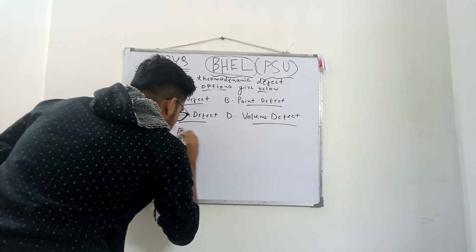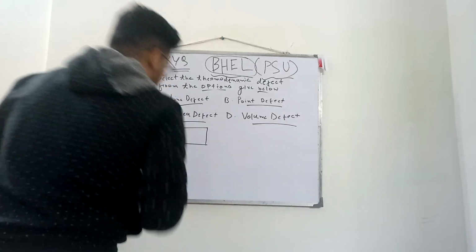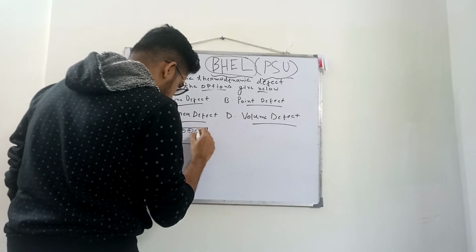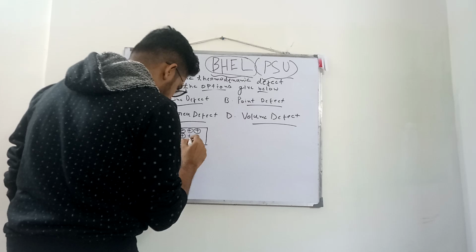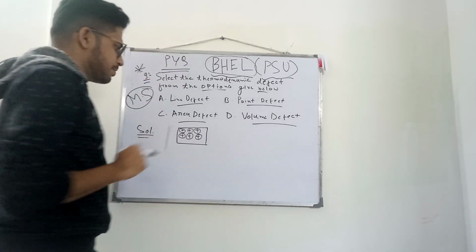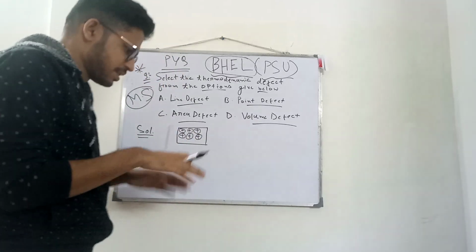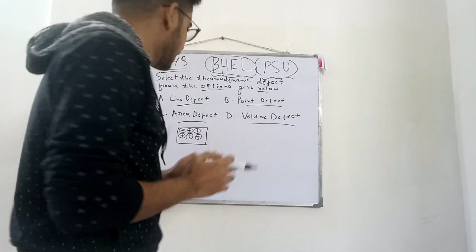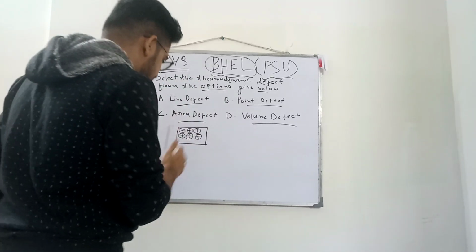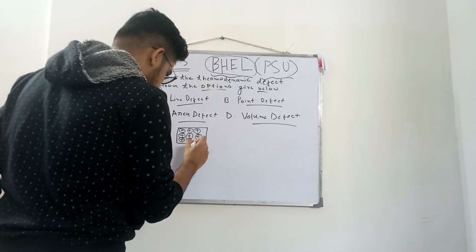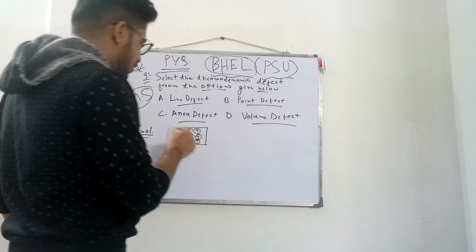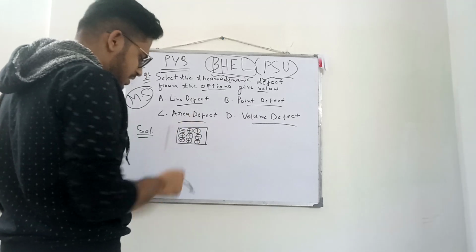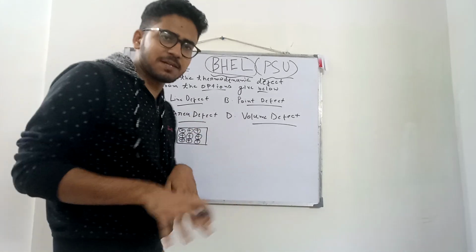Suppose this is a material. Here is one atom, the second atom, and lots of atoms are present in this material. At room temperature, we all know that these atoms vibrate. When we put extra heat into this material, the atoms start moving from their initial position.